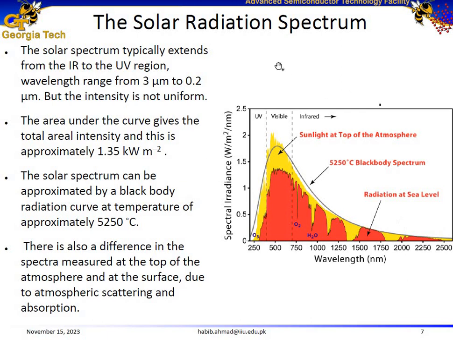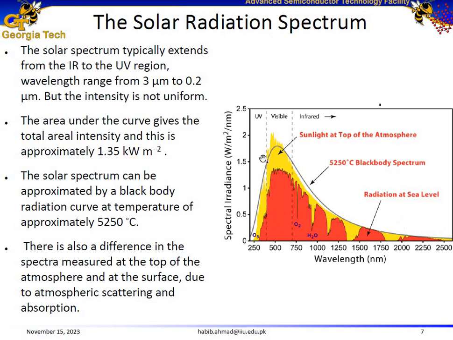Here is our solar radiation spectrum. Basically, the solar radiation has wavelengths in the range of 200 nanometers to approximately 3000 nanometers, or 0.2 micrometers to 3 micrometers.